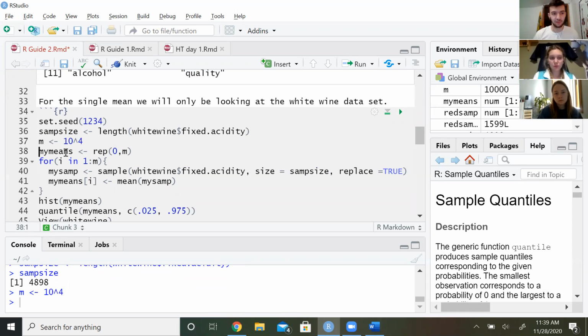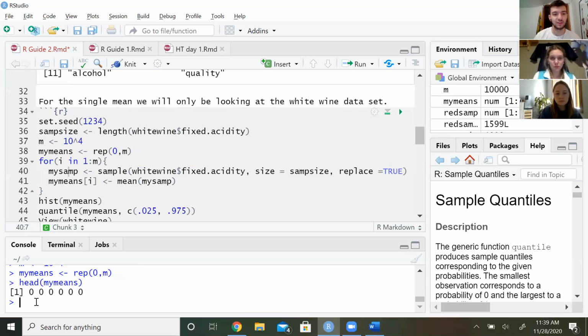Then we made vector my means. This is the vector that gets populated in the for loop. And we put a 0 in there as well, just to know that if we get a 0 back, we know that it did not populate correctly. So in getting into our for loop, i in 1 through m, so it runs m times. We have vector my samp. So this takes a sample.